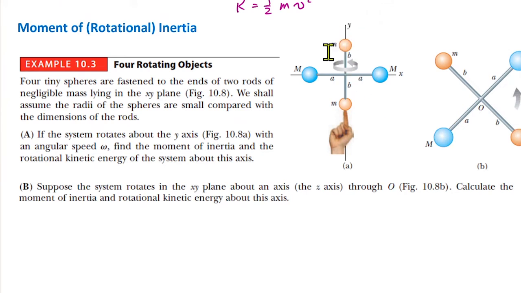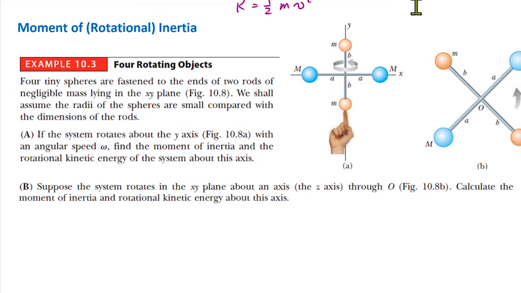Our rotational axis is this way. We'll calculate the moment of inertia of this whole body. The rods that connect them are of negligible mass, so the only things that contribute to our rotational inertia are these masses.